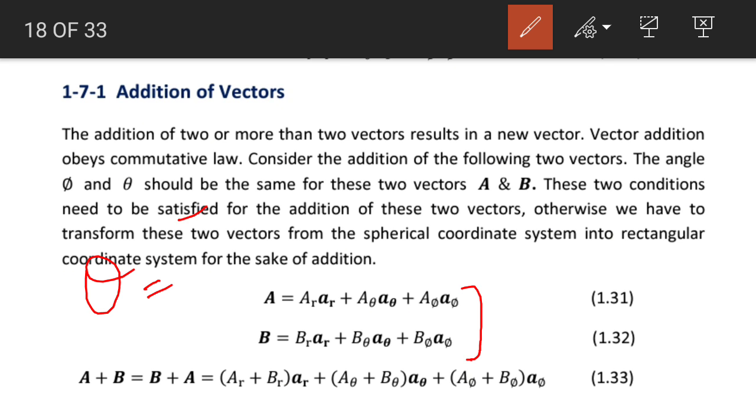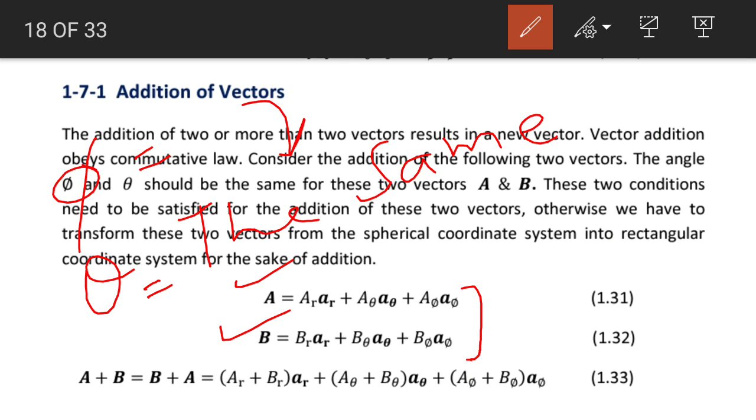Theta should be the same for vector a and b. If theta is 0 for a, it must be 0 for b. Similarly, phi should be the same for vector a and b. If phi is 0 for a, it must be 0 for b. So if these two conditions are satisfied, you can calculate the scalar product of these two vectors directly in the spherical coordinate system as we did in the rectangular coordinate system. Otherwise, you are stuck.